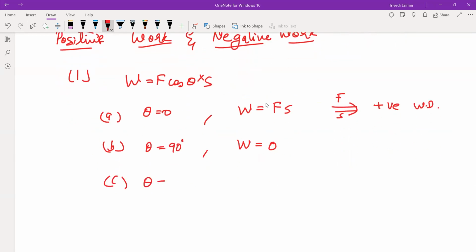Again, if I take theta as 180 degrees, then work done is force into cos 180, which is minus Fs. Negative. So I can say they both are in opposite direction. Force and displacement are in opposite direction. Therefore, negative work done.